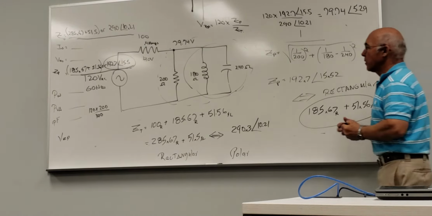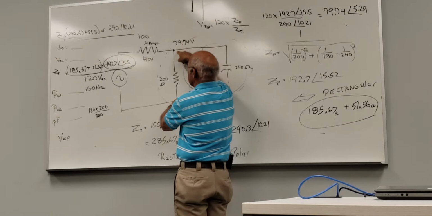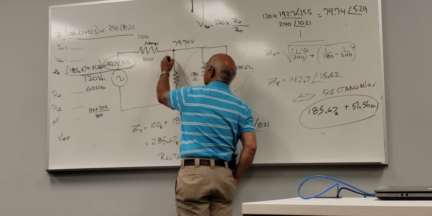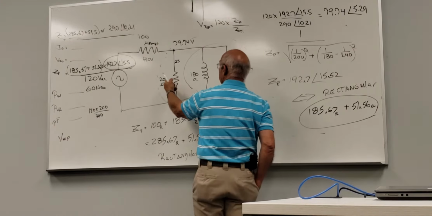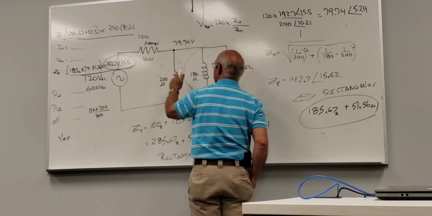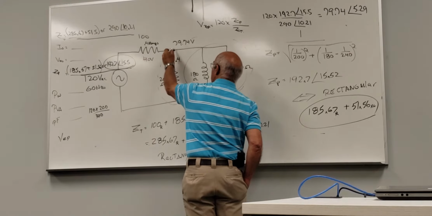Let's just see what we got across here. 80 volts divided by 200. How many amps you get there? 80 divided by 200 is 0.4.